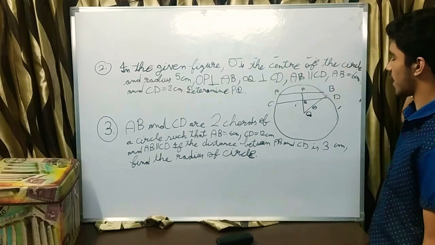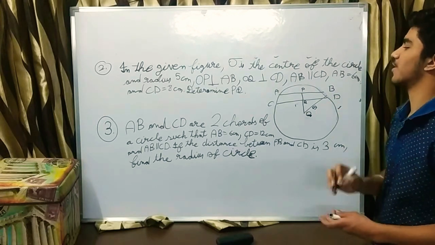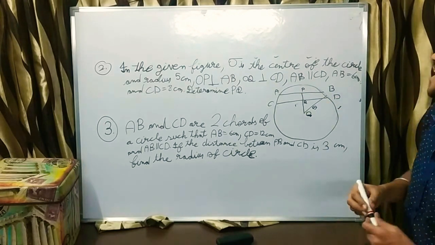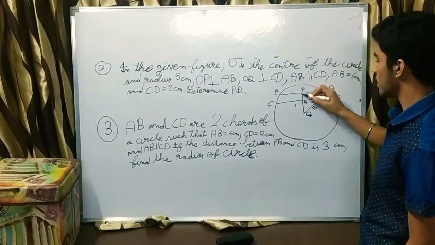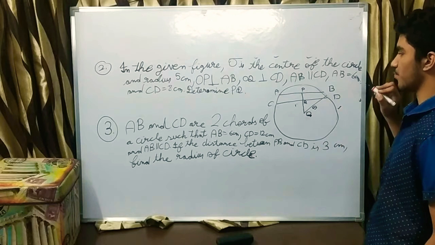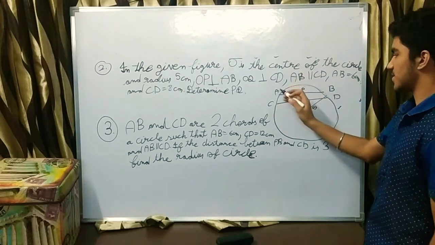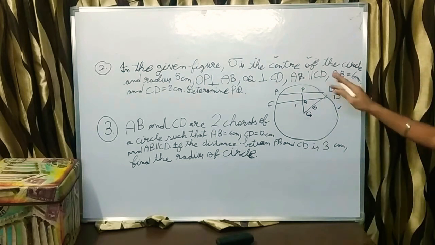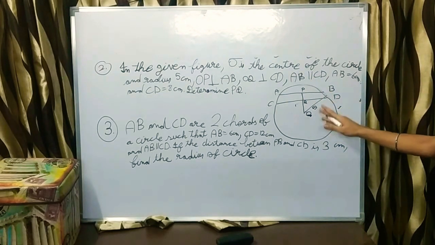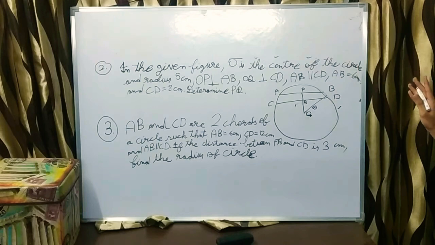This we can say as the radius, so it is 5 centimeter. OP is the bisector of AB, this OP is the bisector of AB. OQ is the perpendicular bisector of CD, this OQ is the perpendicular bisector of CD. AB is parallel to CD. AB is equal to 6 centimeter.